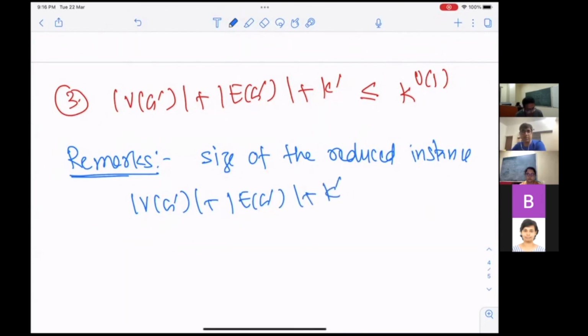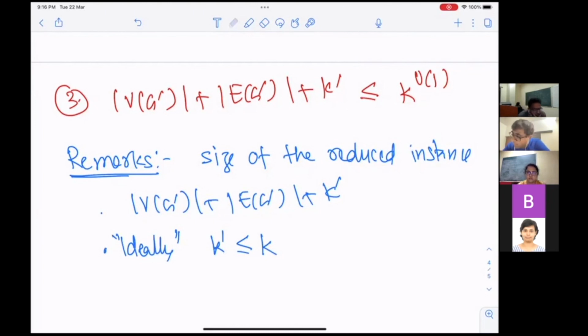This is the size of the reduced instance, the sum of all these things. And ideally, K prime is always going to be less than or equal to K, though I do not say that K prime has to be K.